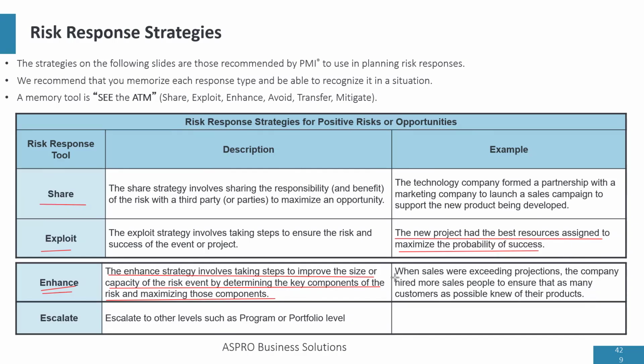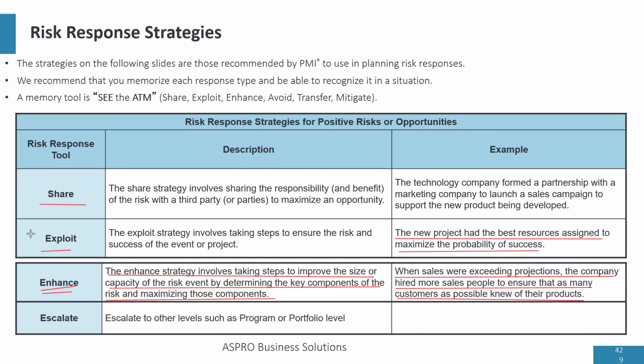When sales were exceeding projections, the company hired more salespeople to ensure that as many customers as possible knew of their products. So with enhance, they are hiring more salespeople to increase or enhance the sales.